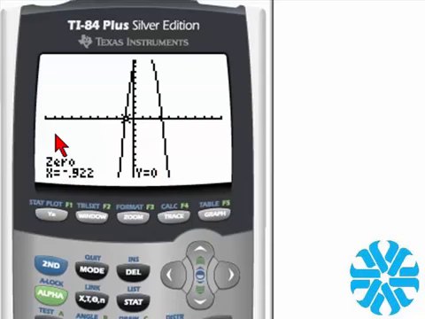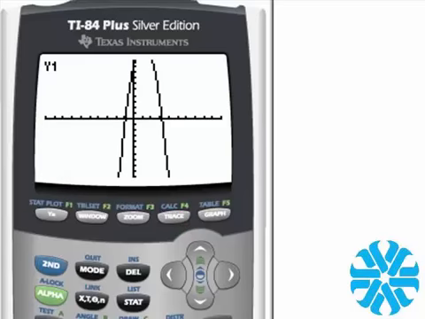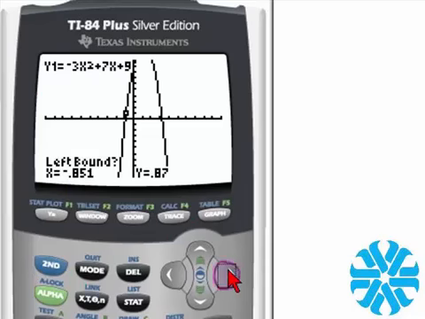Alright? Now, let's go to the second 0, which is right here. So we will go second function, and then CALC, and then select number 2. So now we need to move the cursor close to the intersection point.